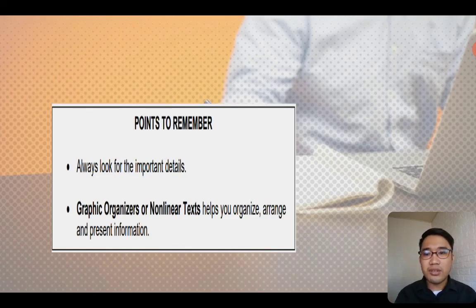Because these graphic organizers or non-linear text, that's our point number 2, help us organize, arrange, and present information. So kindly answer. This is now the time that you will answer your activities in your English 8 module number 1 and module number 2.